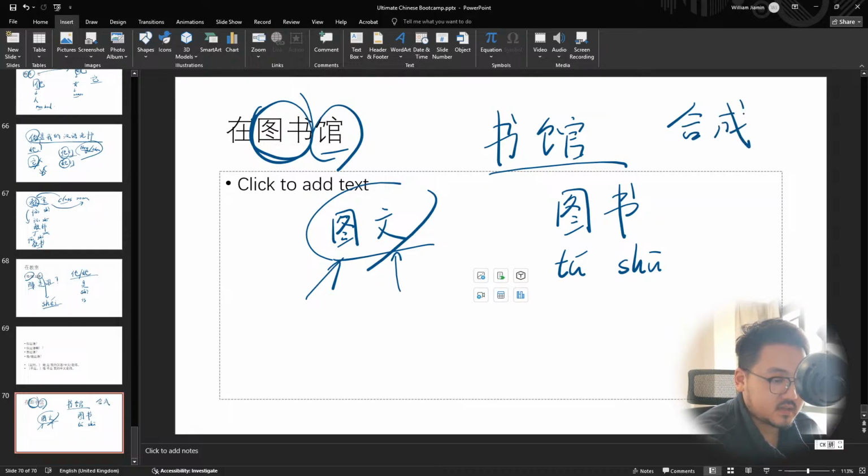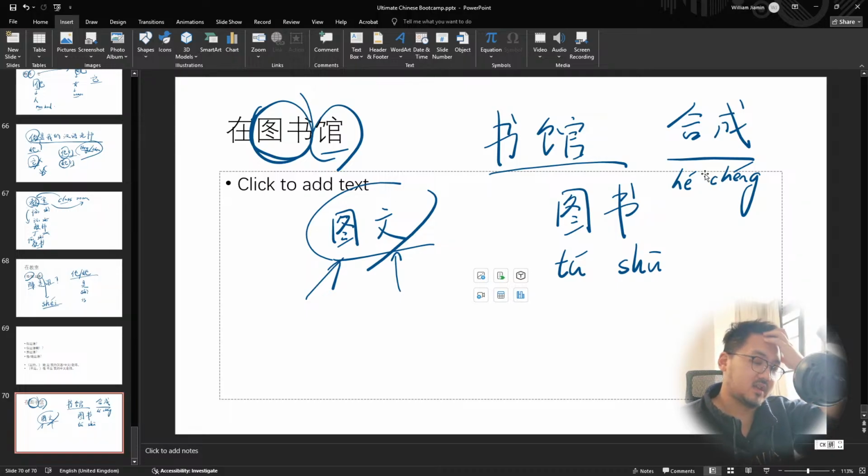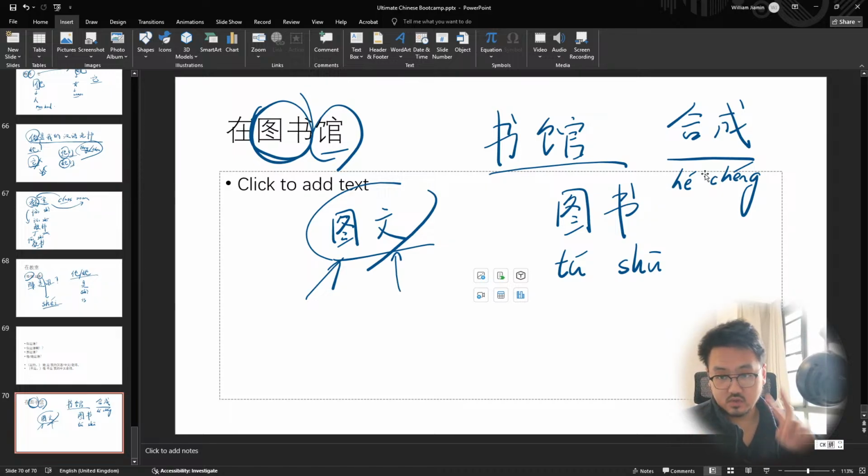That means this is two things combined together. 合成 means that two things, or multiple things, are combined together. So basically it's composed of 图 and 书, two things.